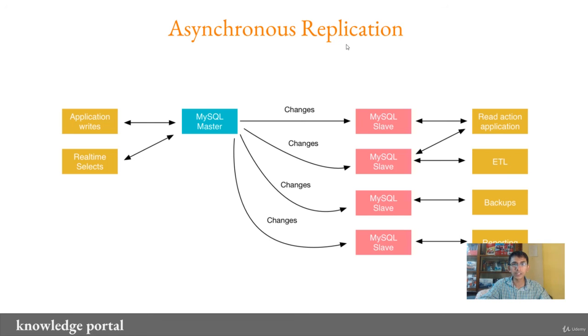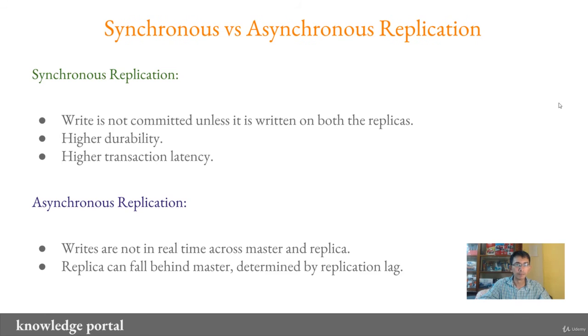So this is asynchronous replication. The write will first be committed to the master, then it will go to the slave. Depending upon the network or the hardware resources, there would be a replication lag. So it's not like you will have millisecond-based updates. There'll always be that replication lag that might happen.